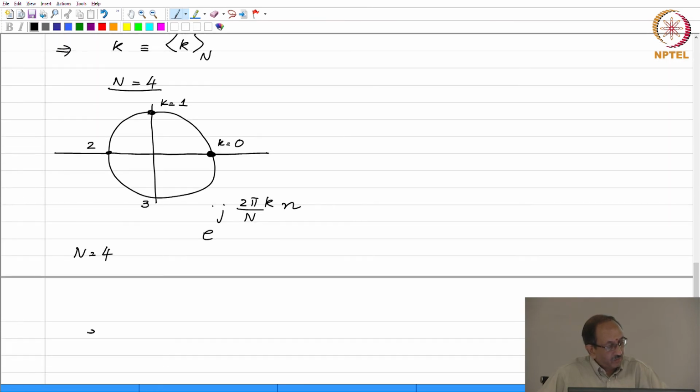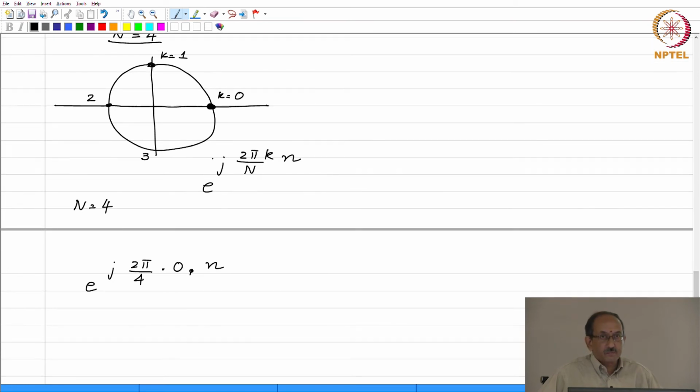Therefore, we have e to the j 2 pi by 4 times 0 times n, which gives you the first complex exponential.